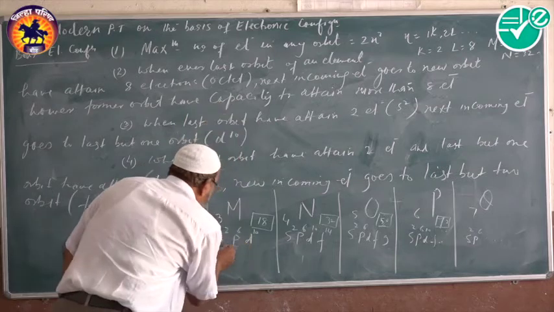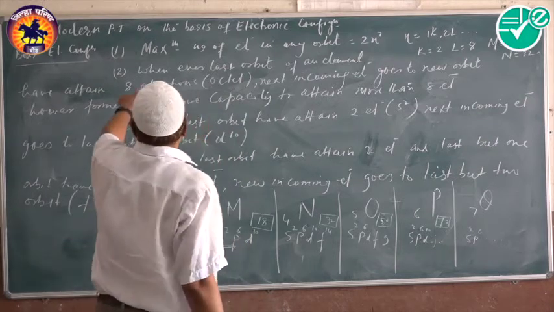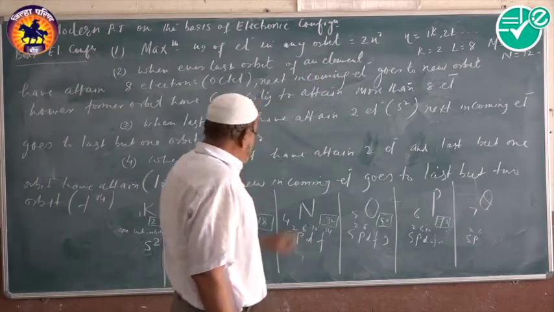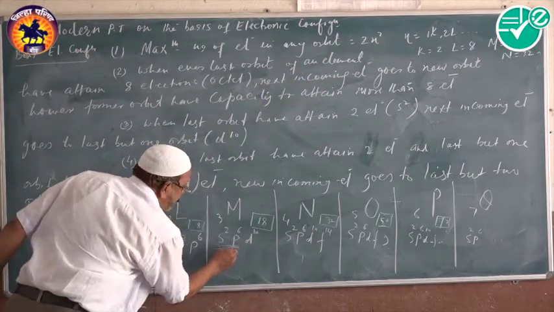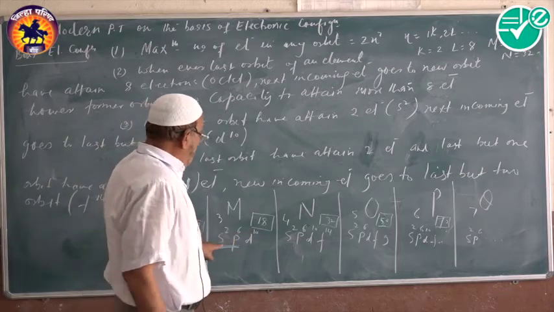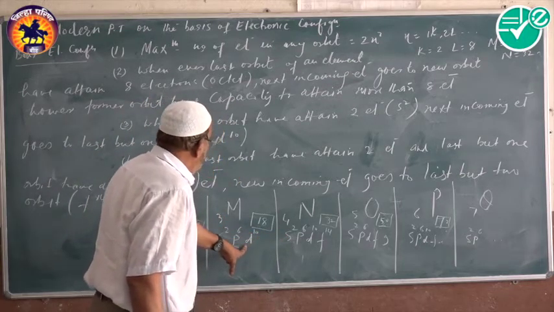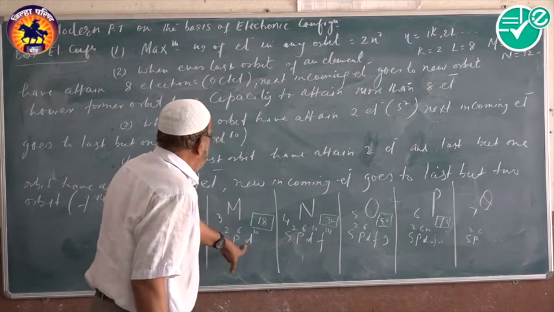Now, rule number 2. Whenever the last orbit has attained 8 electrons, octet, stable, the new electron goes to a new orbit. However, this has capacity to attain more than 8 electrons.